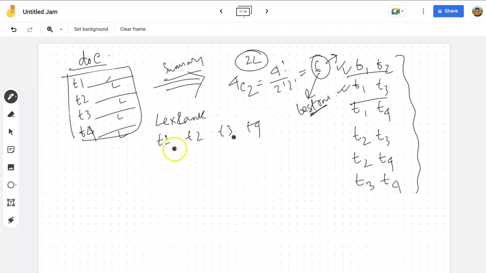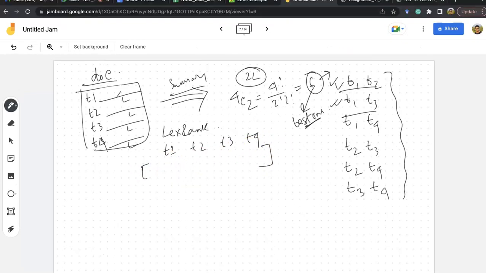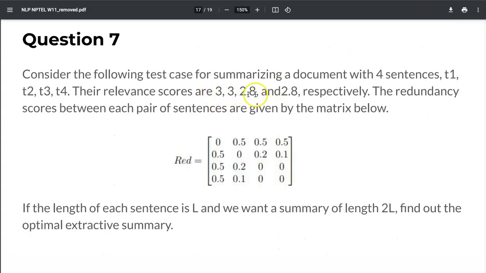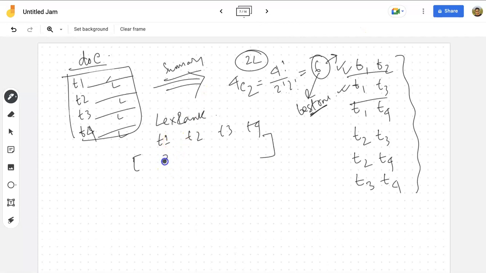For each of these you get an information score. These are already given here: 3, 2.2, 2.2 and 2.